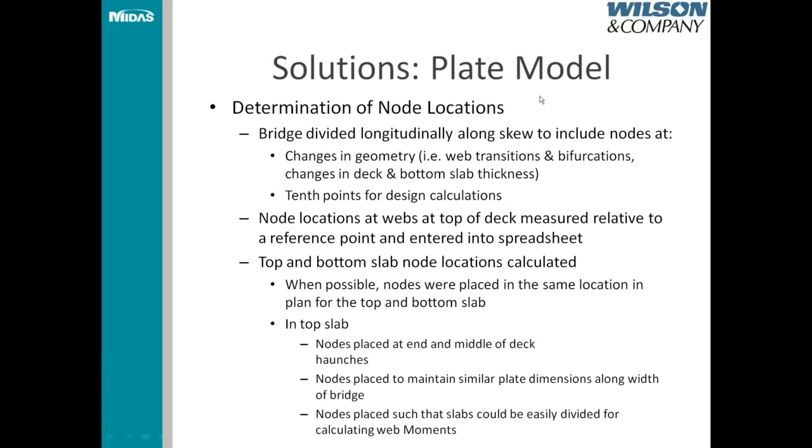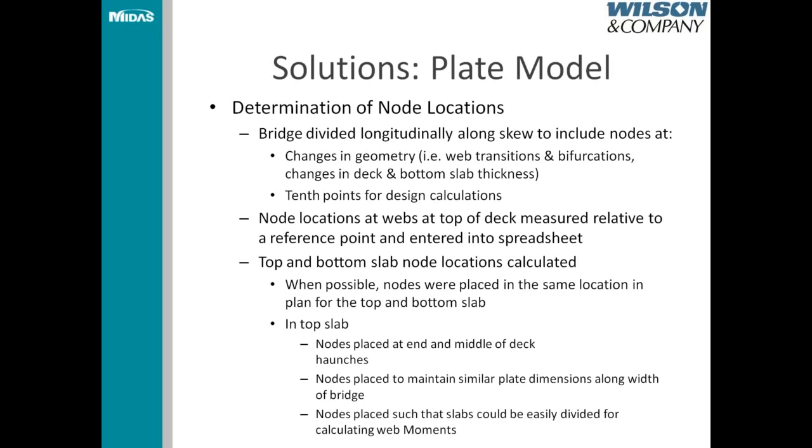When possible, nodes were placed in the same location in the plan view for the top and bottom slab. In the top slab, nodes were placed at the end and middle of the deck haunches. Nodes were placed to maintain similar plate dimensions along the width of the bridge. I was aiming at square elements as much as possible. Some locations didn't really work out.